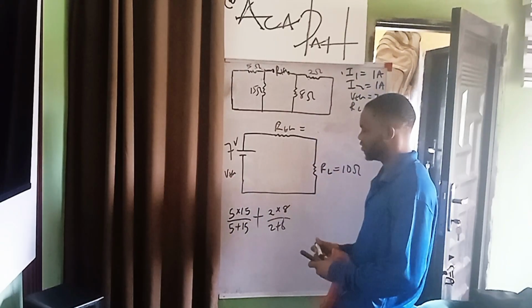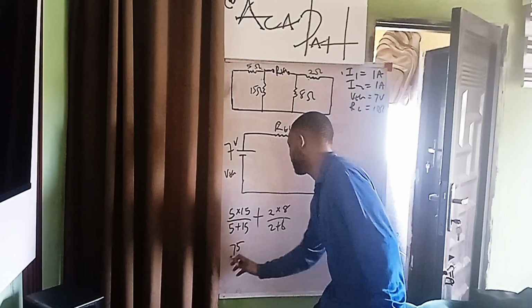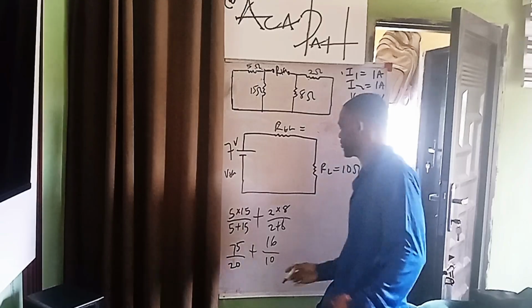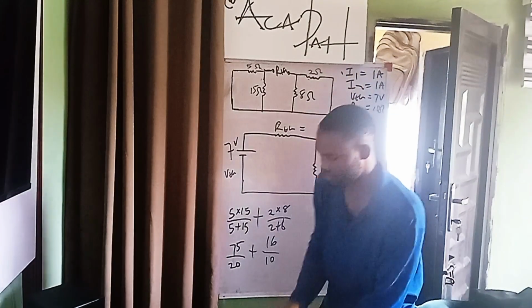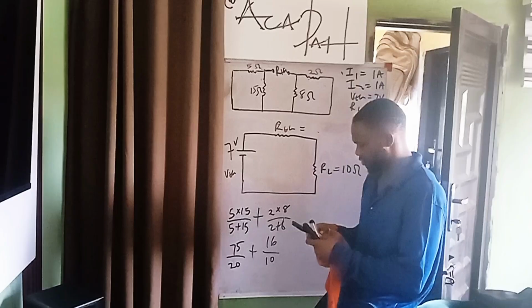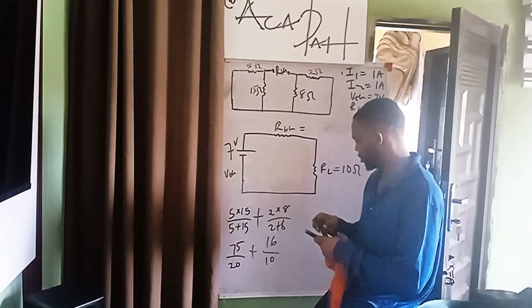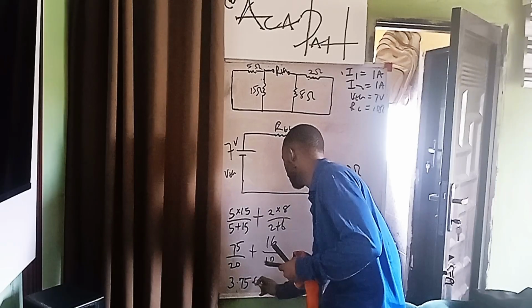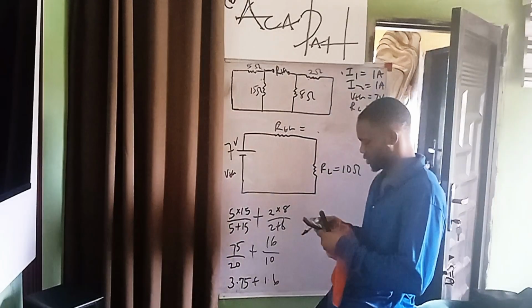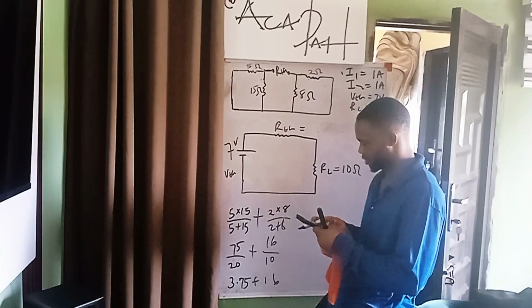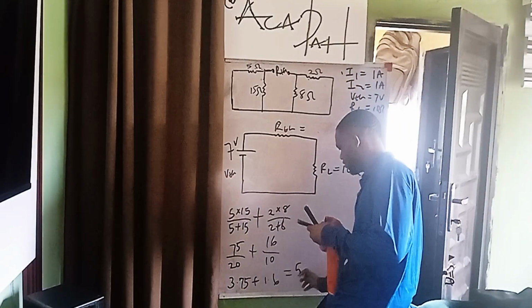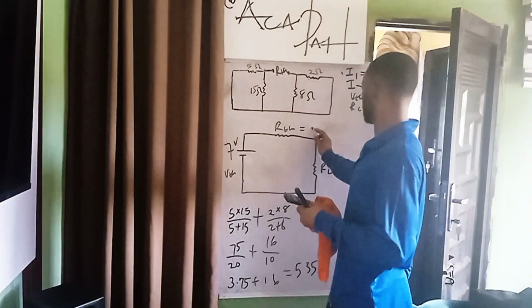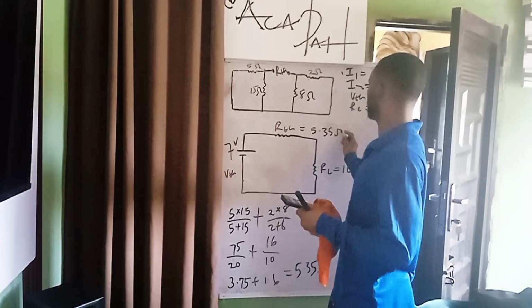So this is going to be 75 over 20 plus 16 over 10. 75 divided by 20 is 3.75, plus 1.6, which equals 5.35 ohms. So RTH is 5.35 ohms.